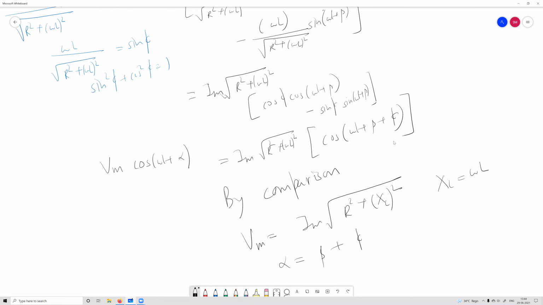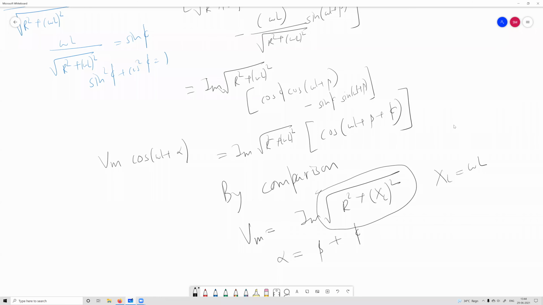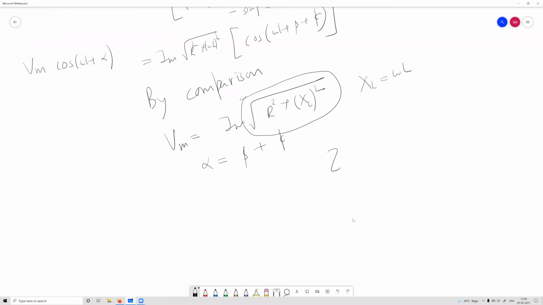Okay. Now see, this term is called the magnitude of the impedance. Z is defined as R plus j XL. This is R, this is XL, and this is Z. So the magnitude of this complex number will be this.